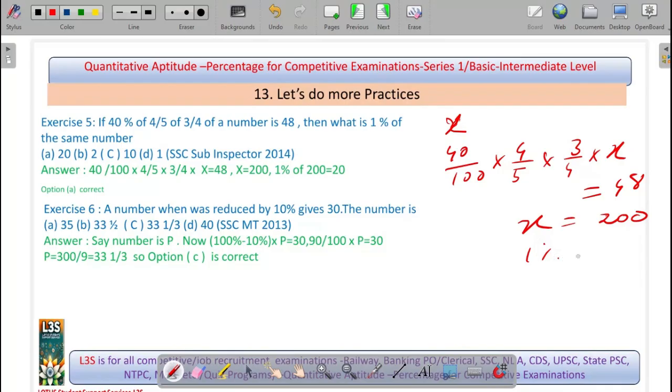Now 1% of x, that means 1% of 200 is equal to 1 by 100 into 200.